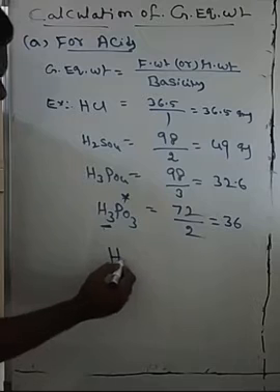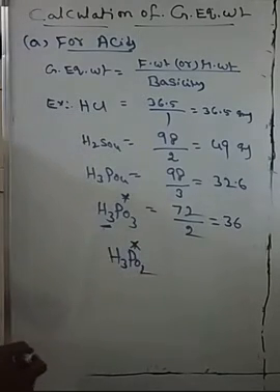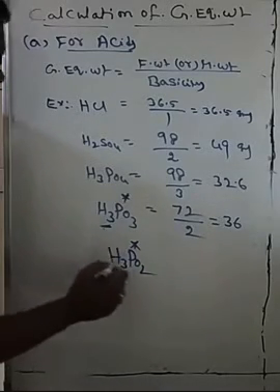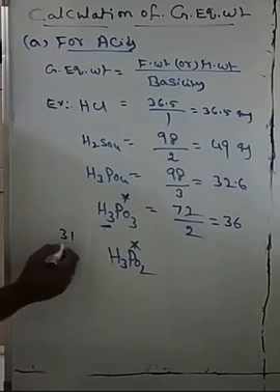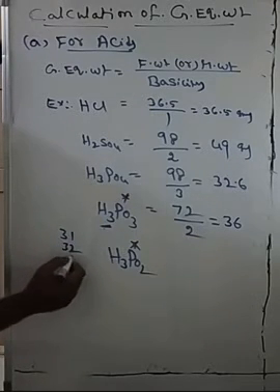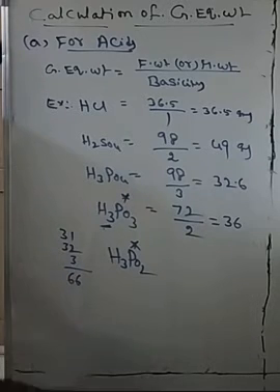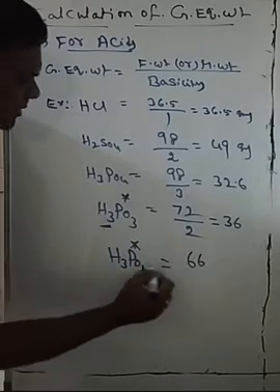Then basicity is 2 only. Like that, one more is H3PO2. This is called hypophosphorus acid. Here hypophosphorus acid molecular weight is how much? Phosphorus 31, 2 oxygens 32, hydrogens 3. Total 66. Therefore, 66 divided by 1 only, not 3.